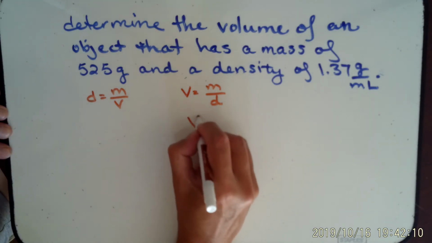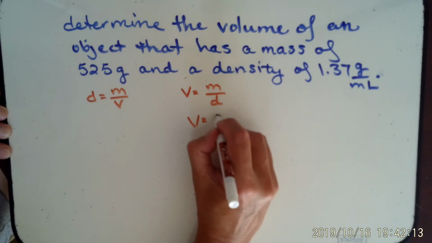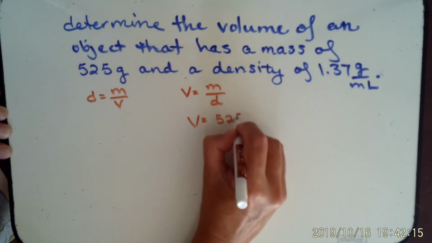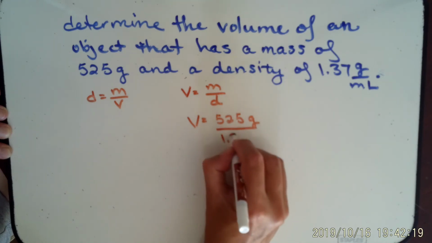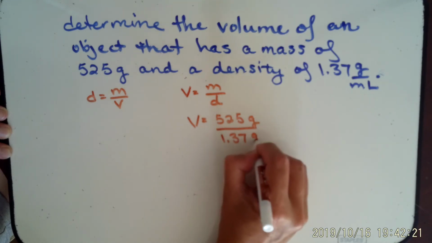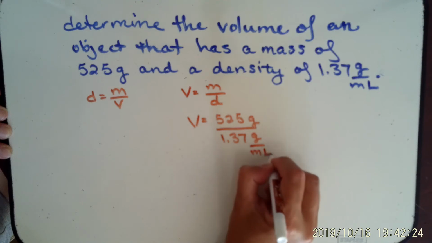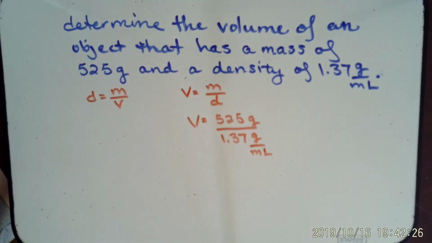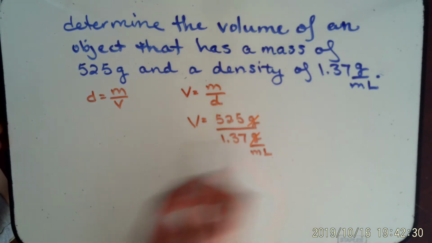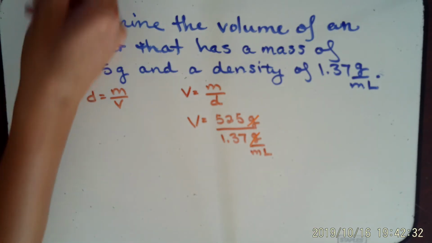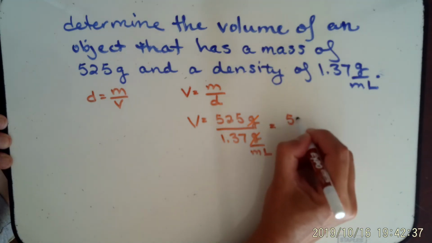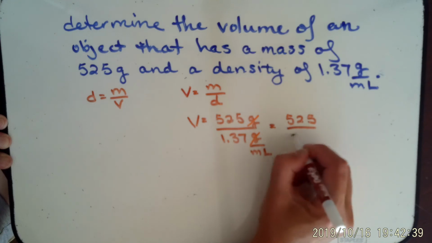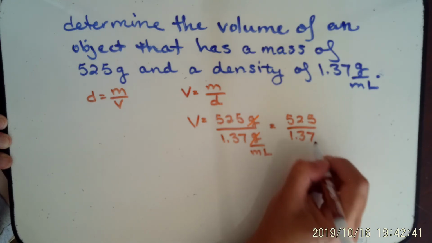So let's go ahead and put in all our values: 525 grams, divided by 1.37 grams per milliliter. Okay, so my units are milliliters. The grams divide out, and this is basically looking at my units. We'll do the numerical calculation in just a moment.